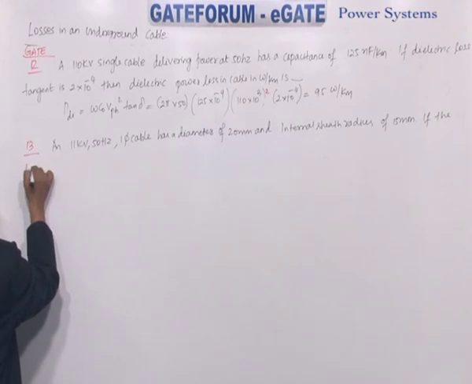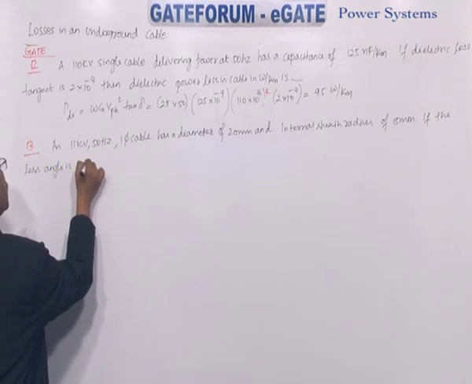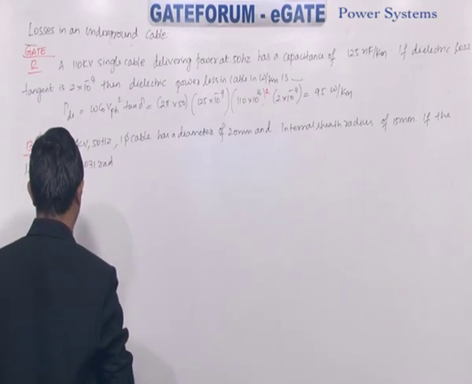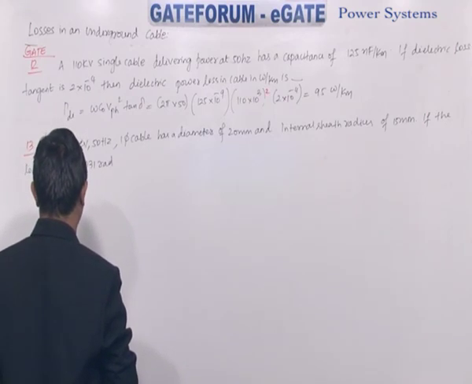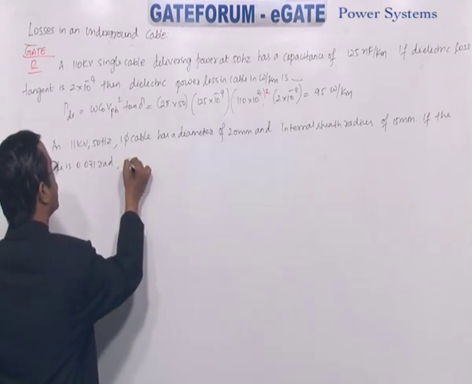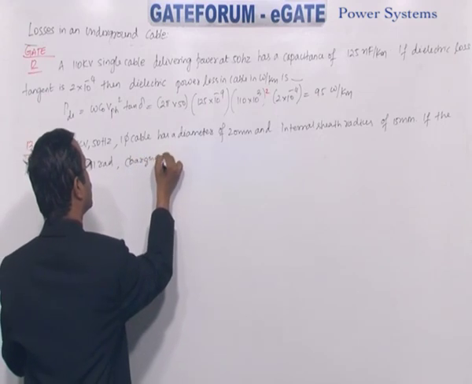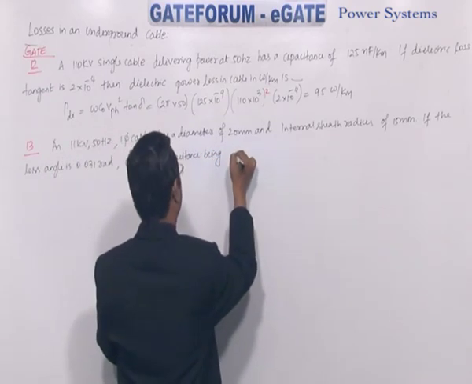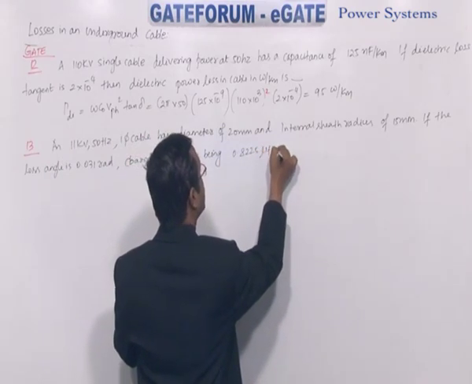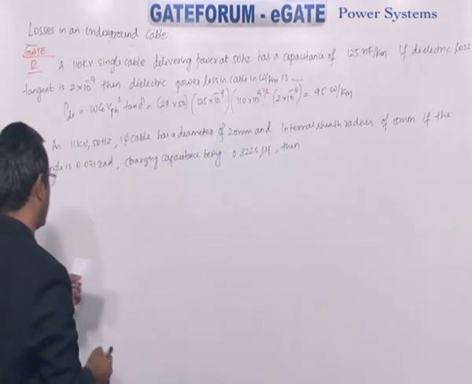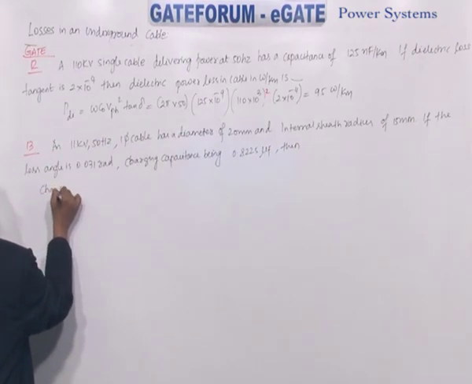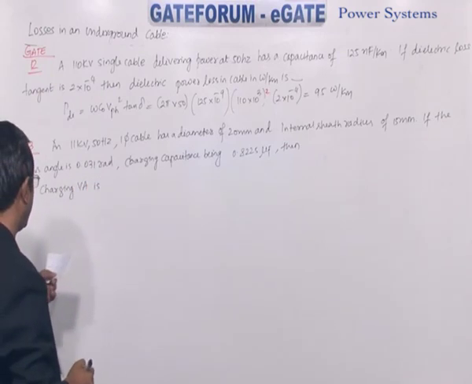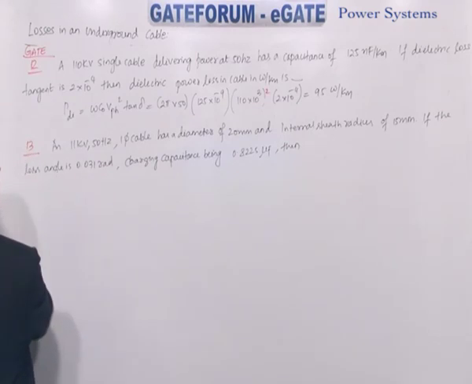If the loss angle is 0.031 radians and the charging capacitance is 0.8225 microfarads, then find the charging volt ampere and the dielectric power loss.